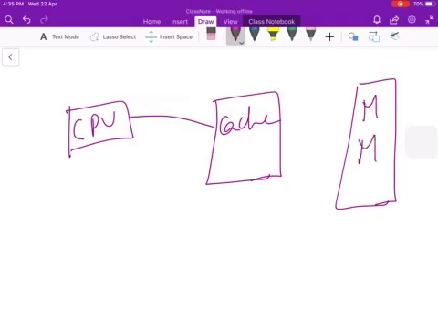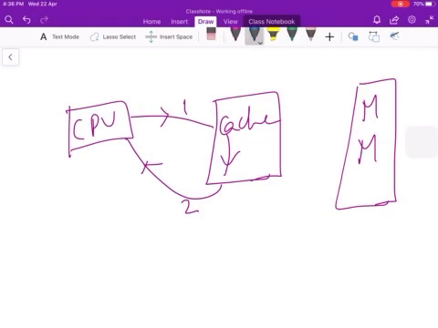For this discussion, we assume that the next level is the main memory. So the CPU will ask for some data, and it will be searched in the cache. That's the first request. If it is there, it will be returned, as simple as that. Now, if it is not there, then what will it do?